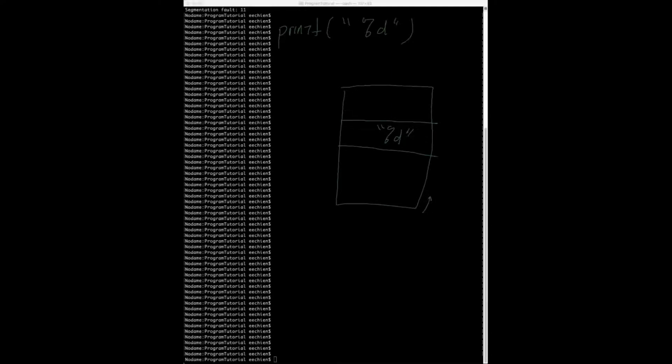When it hits a percentage D, which is a control identifier, it will search for the second argument and print it out as an integer.